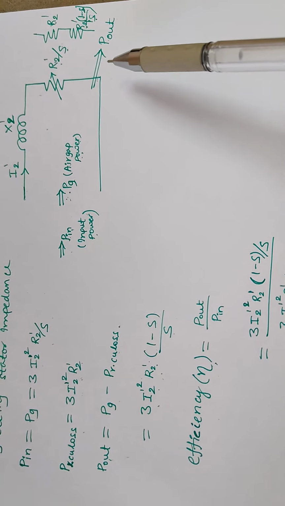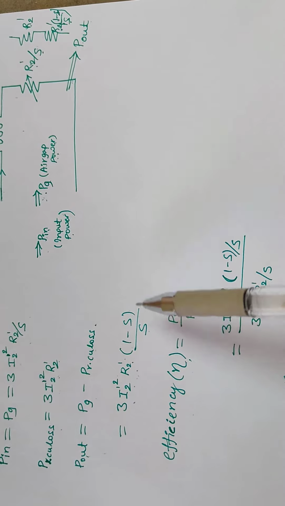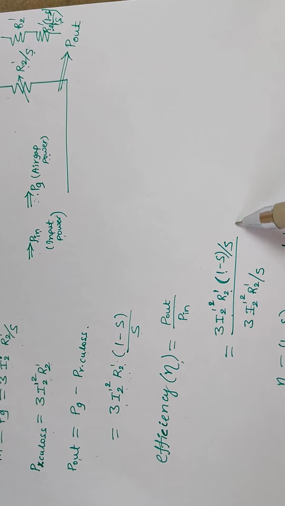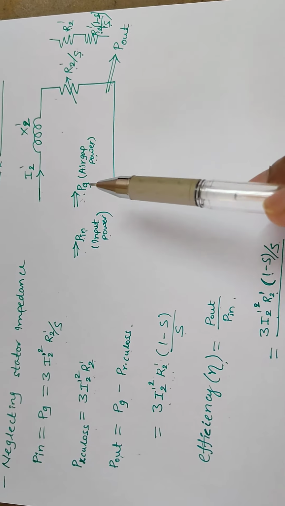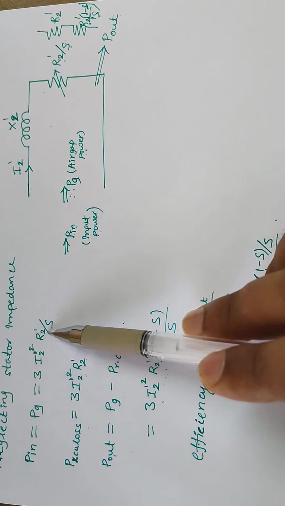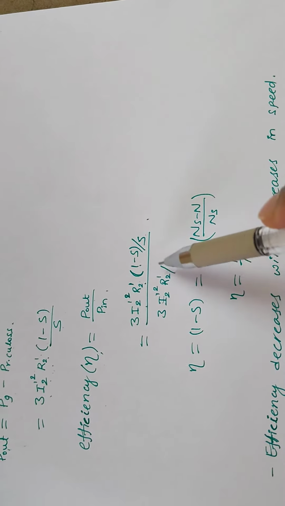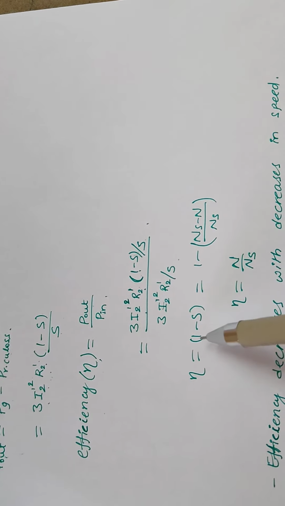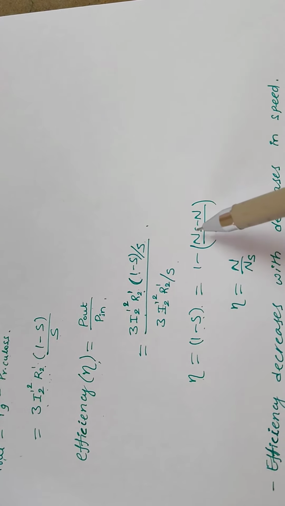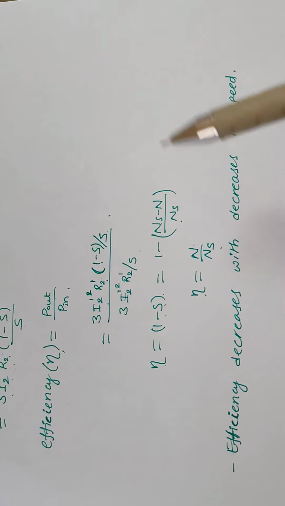That is why P out by P in is equal to the mechanical output we already calculated, 3 into I2 dash square into R2 dash into 1 minus S by S, divided by P in, which is the rotor input power, 3 into I2 dash square into R2 dash by S. By doing that, the 1 minus S term will be the remaining term. Efficiency eta is equal to 1 minus S, where S is equal to Ns minus N by Ns. So efficiency is equal to N by Ns.